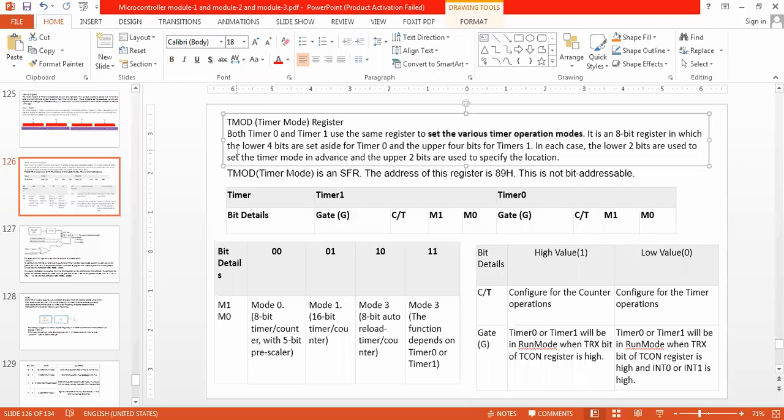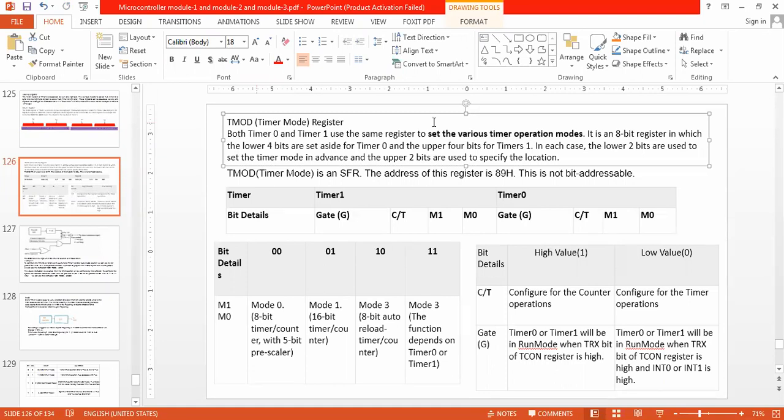We have 2 timers now, Timer 0 and Timer 1. Both timers, total how many registers do we get from these 2 timers? Total 4 registers. Here we have to set the operation modes. There are different operation modes, and according to the operation mode we set in this TMOD register, Timer 0 and Timer 1 are going to work.